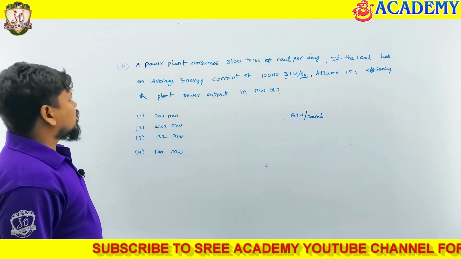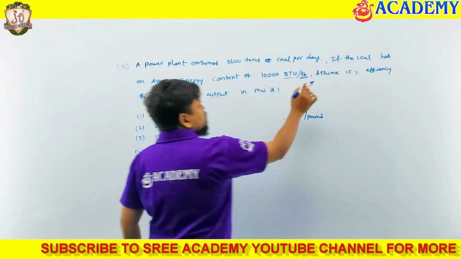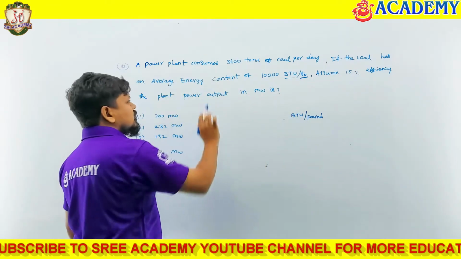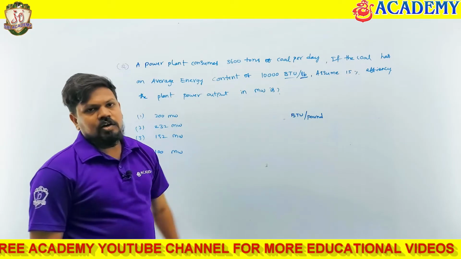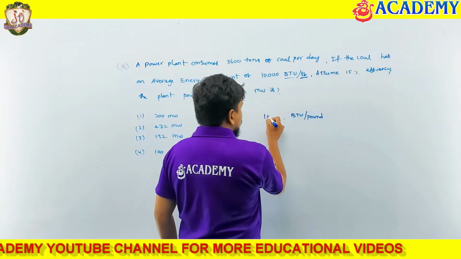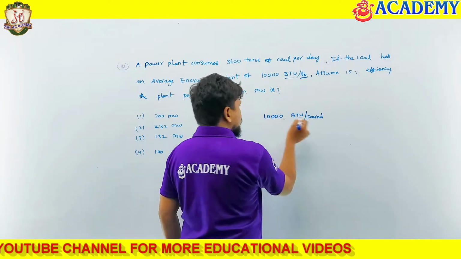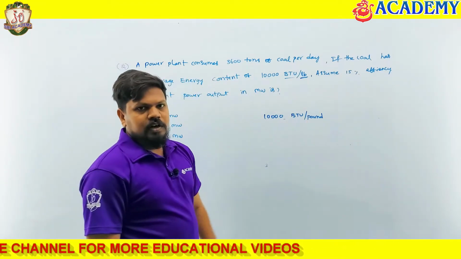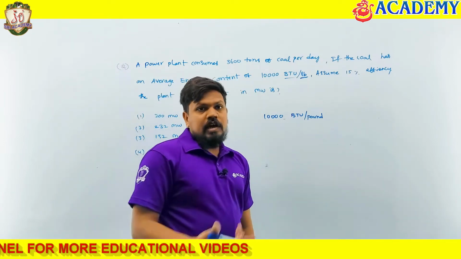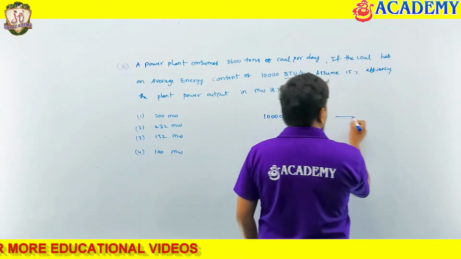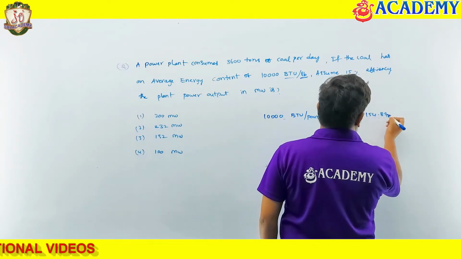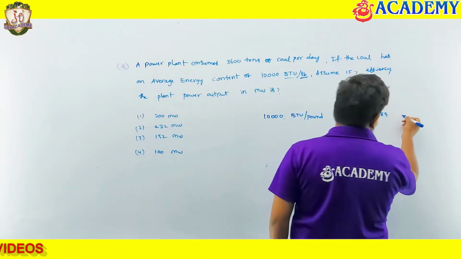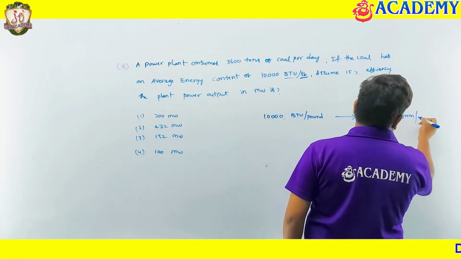You see what they have given. If the coal has an average energy content of 10,000 BTU per LB, if you convert that into our electrical SI units, it is nothing but 154.87 gram per kilowatt hour.